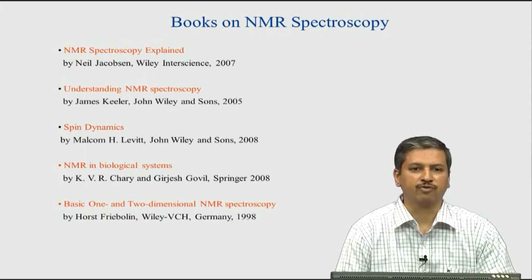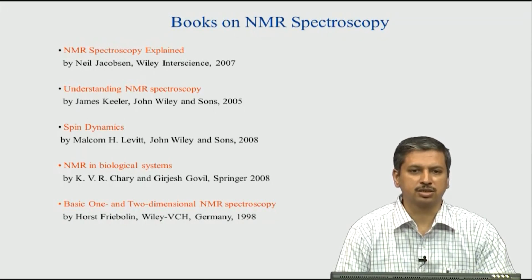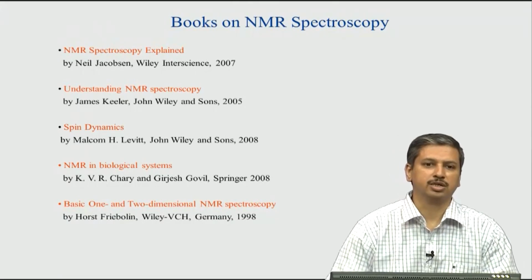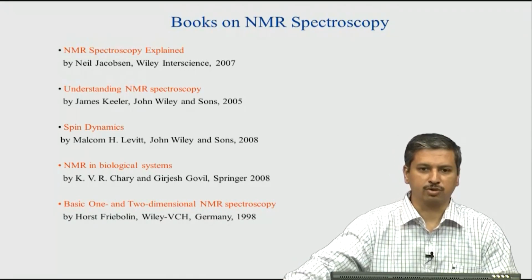If you are interested in biological systems, which we will focus on a little in this course, the book by Professor Chary and Govil is very important. While all these books will be used in some way, we will cover all the details. These books will serve mainly as reference material, or for deeper insight if you would like to have it in the course.